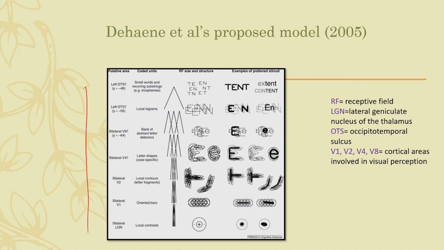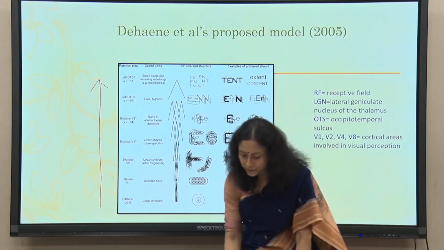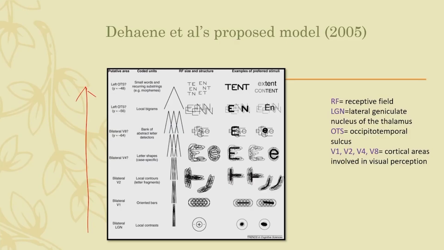It goes like this. Starting with the receptive field, it goes on to the LGN, that is the lateral geniculate nucleus of the thalamus, where the first stage of processing takes place, and then it goes through various parts of the cortical regions V1, V2, and so on, and then it goes on to V8, and then to the left OTS, the occipitotemporal sulcus.